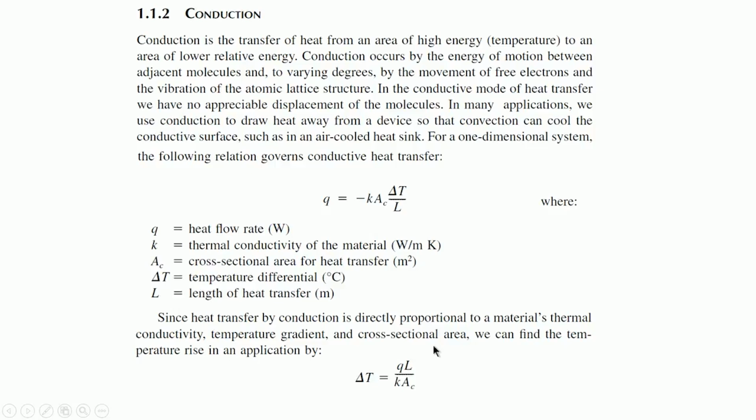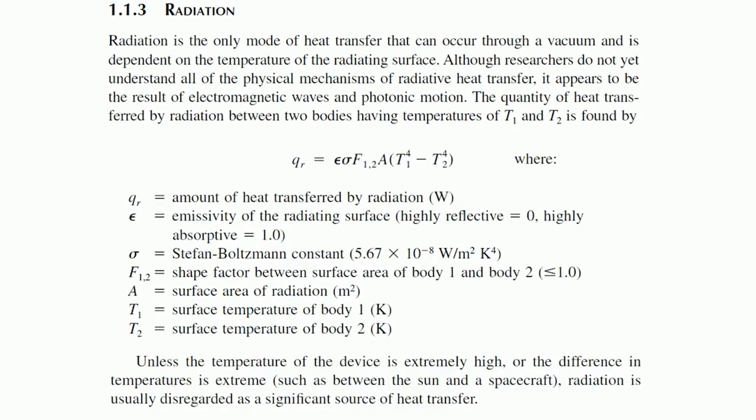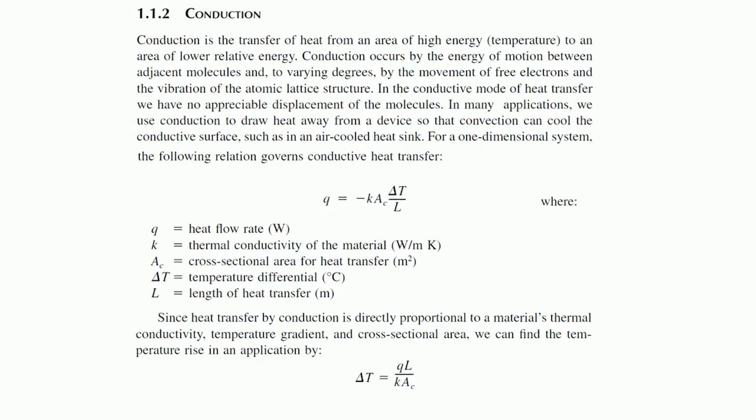Since heat transfer by conduction is proportional to a material's thermal conductivity, temperature gradient, and cross sectional area, we can find the temperature rise by this. I will get back to the minus sign later on; it is not what it is supposed to be. It is just shown as a proportionality.